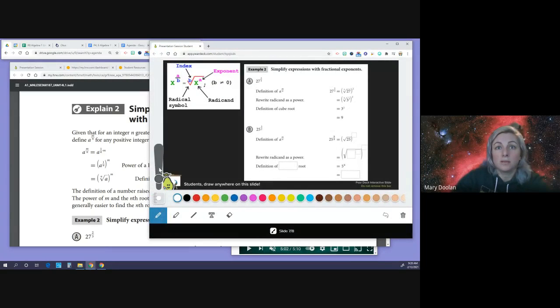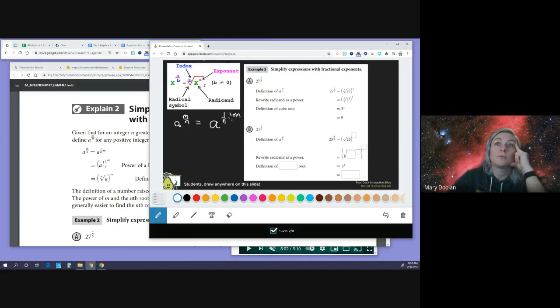slide here. So I'm going to get the pencil tool. And so if we start with a to the m over n, then we can rewrite that as a to the 1 over n times m.